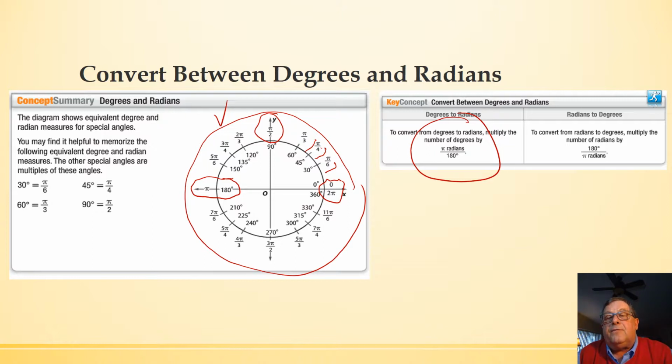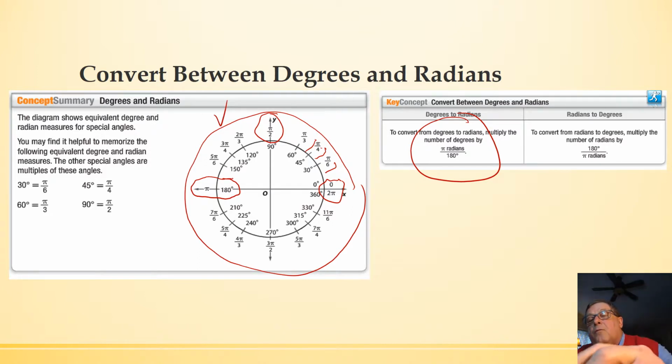And as with any conversion ratio, the numerator is the unit of measurement we're converting to, over what we're converting from, in the denominator. And pi radians and 180 degrees are equal to each other. And this is what we also call dimensional analysis.